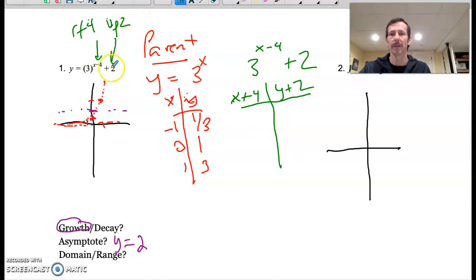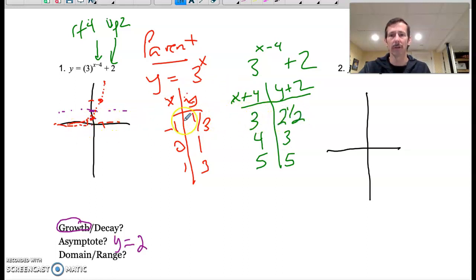Now, if there had only been one of these, then I would only have to change the x's or the y's. So if I add 4 to this, I get 3. If I add 4 to this, I get 4. If I add 4 to this, I get 5. So I just shifted all of these x values to the right 4. These all go up 2. That would be 5. I add 2 to that, I get 3. I add 2 to that, I get 2 1/3, no problem.